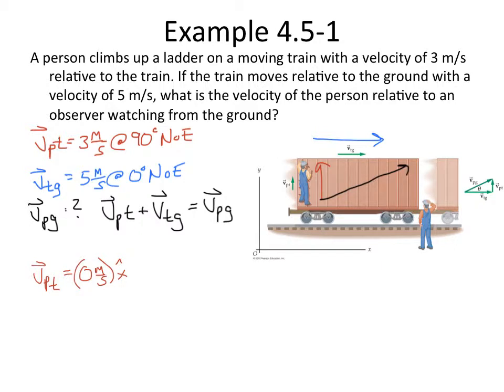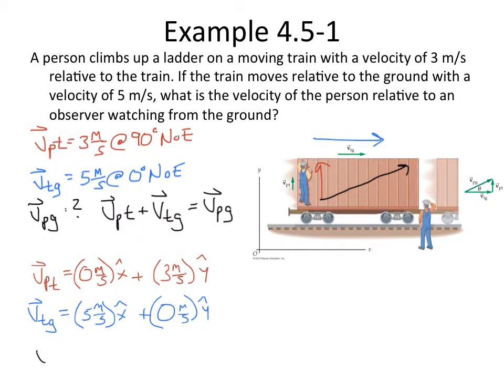He's not moving in the x at all, but he is moving at 3 meters per second in the y hat direction. And the velocity of the train with respect to the ground is 5 meters per second in the x hat direction and no meters per second in the y hat direction. So if we add them up, the velocity of the person to the ground is 0 plus 5, that's easy, 5 meters per second x hat and 3 meters per second y hat.